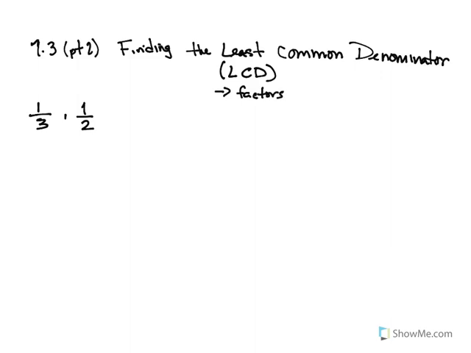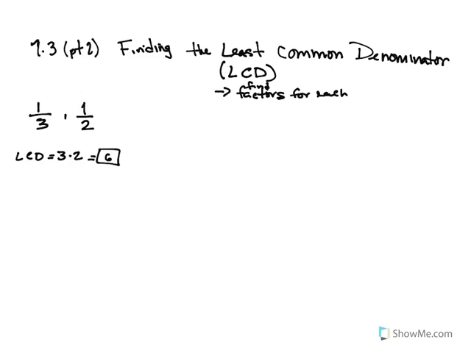All right? So you find the factors for each one. Factors of 3 are just 3, factors of 2 is just 2. So when we look for the LCD, you're going to pull out each factor that's present. So 3 times a 2. So the LCD would be 3 times 2, which is a 6.